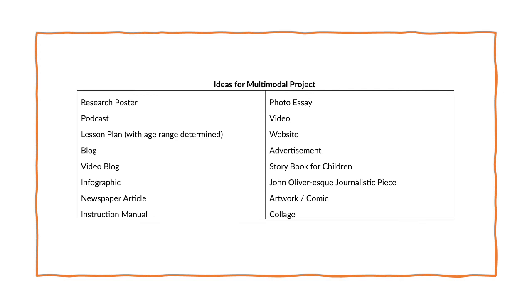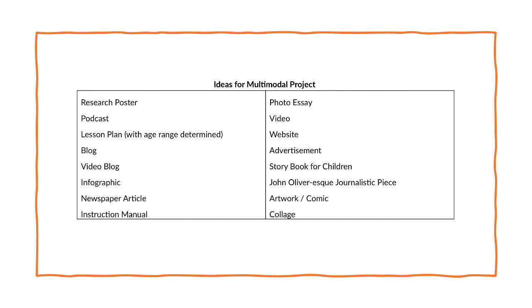So yours is going to be absolutely unique to your topic and the audience that you choose to communicate. And here are just a few examples of things you might choose from: a big research poster, a podcast, a lesson plan, something you want to teach maybe to elementary or middle school or high school, a blog post, a video blog, infographic, newspaper article, instruction manual, photo essay, a video, a website, advertisement, storybook.